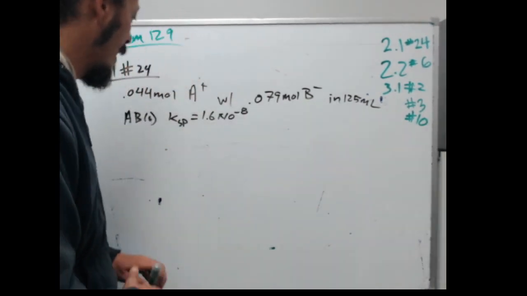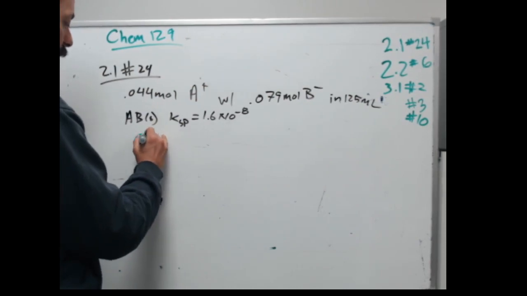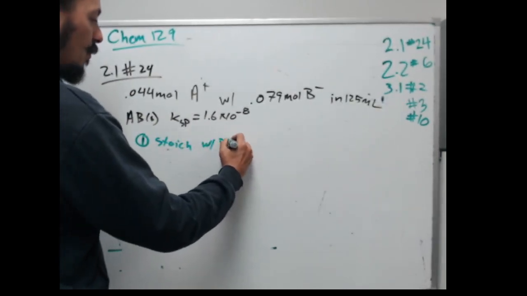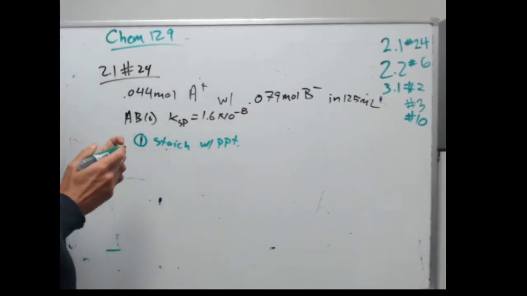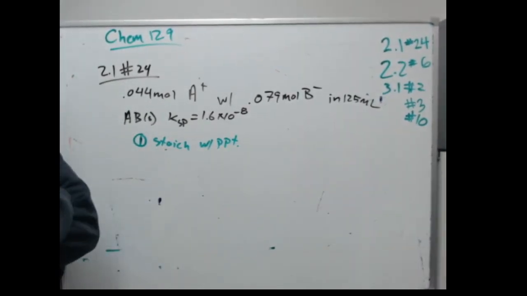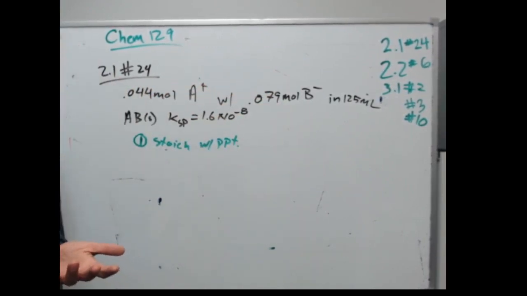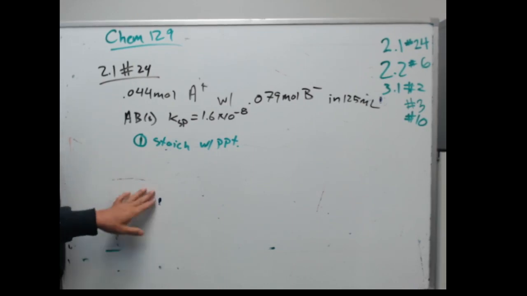So the first thing that happens is we're going to do some stoichiometry with precipitation, right? We need to use the context of the problem to help us figure out what's going on. We need to recognize that we're given moles and we're told the solid forms. Those are all hints for the process of what we're supposed to do. So we say, okay, I'm going to be doing some stoichiometry.